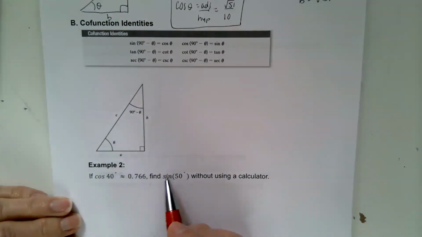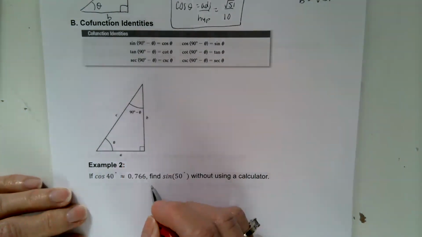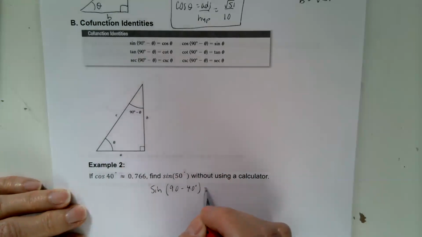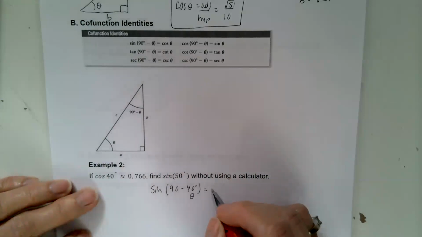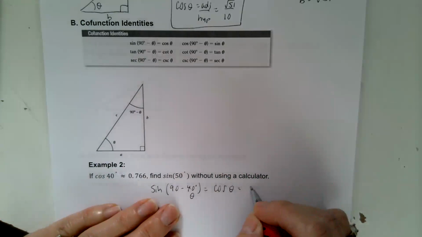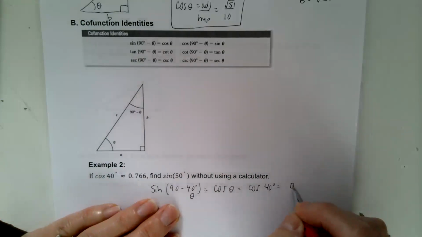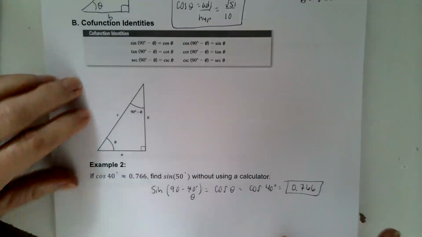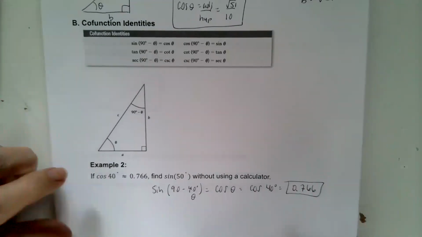Well, 40 and 50 add to make 90. So the sine of 50 is really the sine of 90 minus 40, and 40 is my theta. And so that is just equal to the cosine of 40. And so the answer is also 0.766. So those are nice tricks to be able to use.